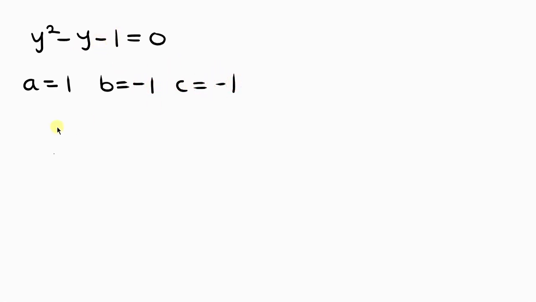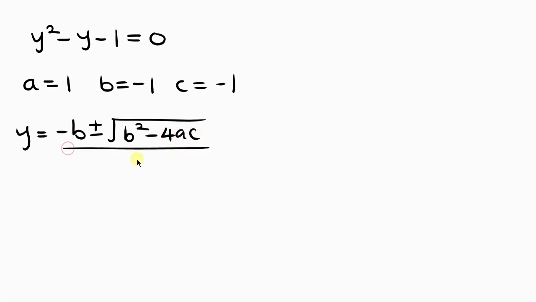Very good. So since we're looking for y, it is equal to negative b plus or minus the square root of b squared minus 4ac all over 2a. So now let's substitute this into the quadratic formula.